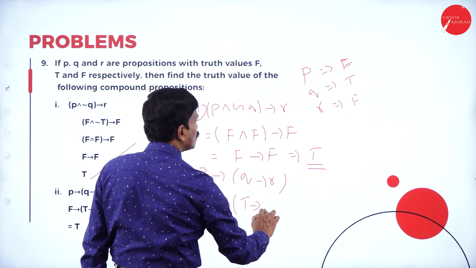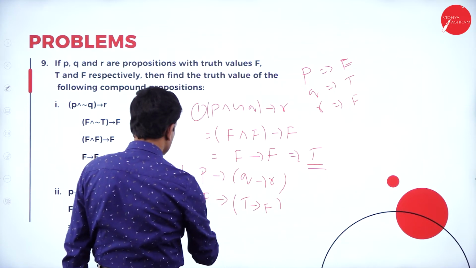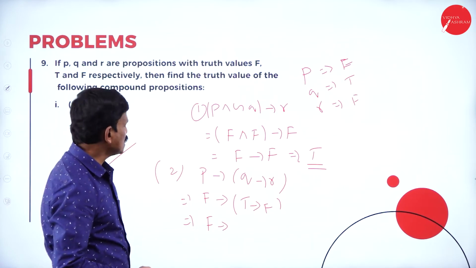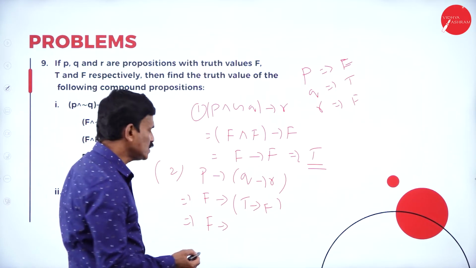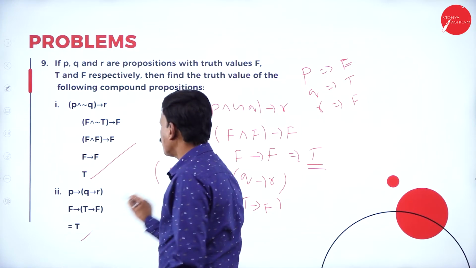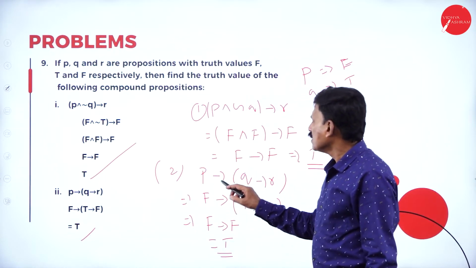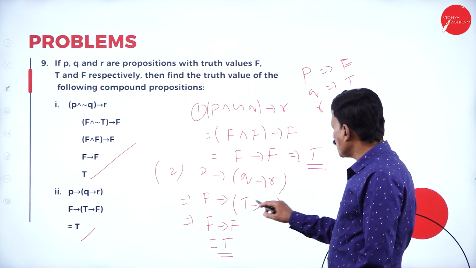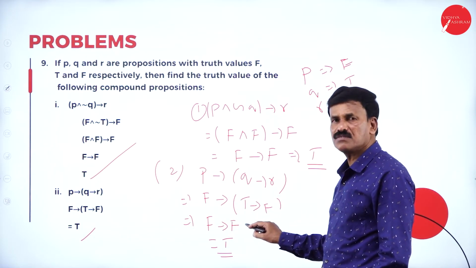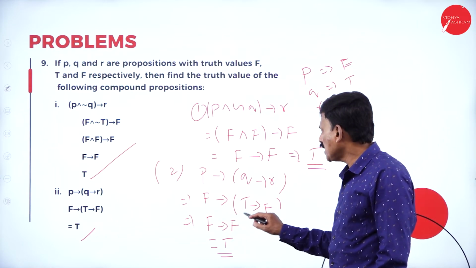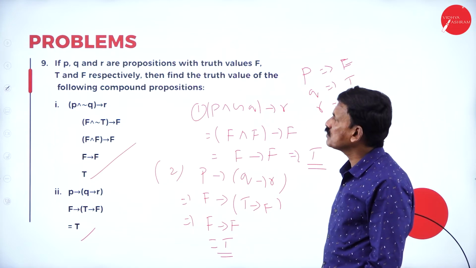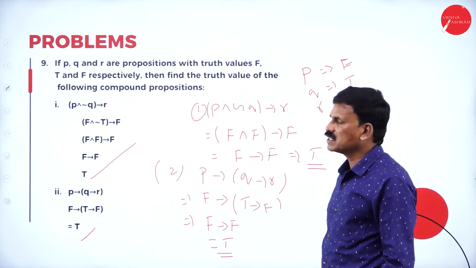True, conditional to R, which is F. So this implies F conditional to, and for true and F the conditional is F. So false and false is true. So F conditional to T conditional to F. T and F is F in case of conditional, and F and F is T in case of conditional. This is how we write the truth value for the given problem.